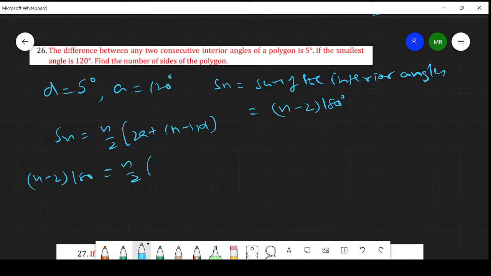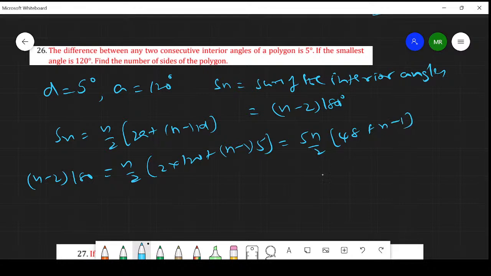Conveniently, n by 2 into (2 into a, 120, plus (n minus 1) into d), and d is 5, so I can take 5 common. If I take 5 common, it is 5n by 2 into (48 plus n minus 1).